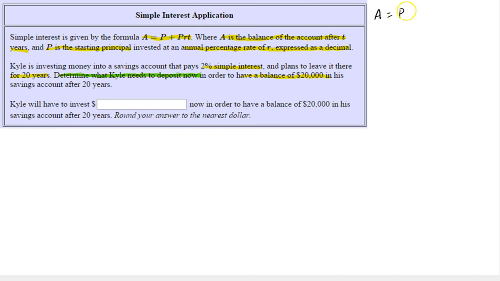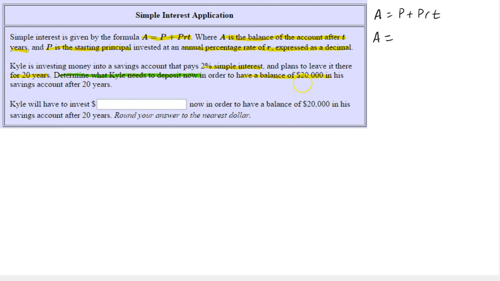A equals P plus PRT. And let's determine each of these letters, whether they're given, and if they're given, what those values are, and what our goal is. So I'm going to start with A, and A represents the balance of the account after T years. So you can think of that as the future amount, how much you'll have after the investment time has passed. And notice here it said determine what Kyle needs to deposit now in order to have a balance of $20,000 after 20 years.